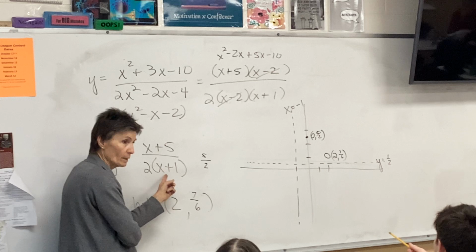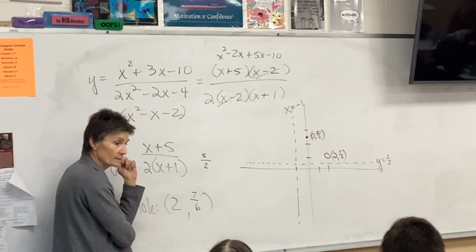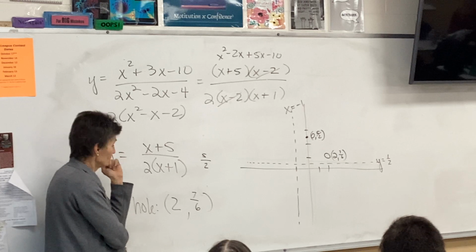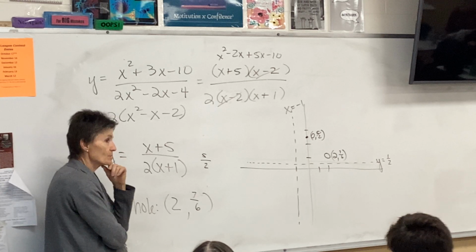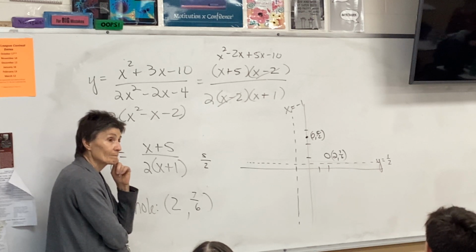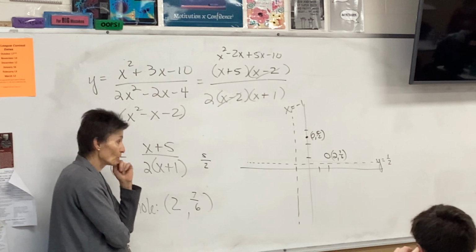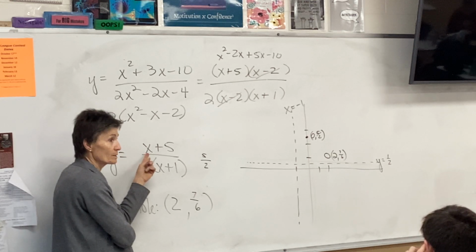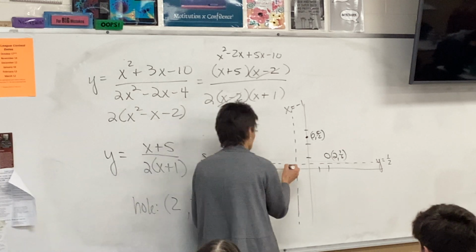Because it's negative 1. It's an x value. Okay? Well, how do I get my x-intercept? Where's it come from? Numerator is 0. So what's gonna make that 0? Negative 5.